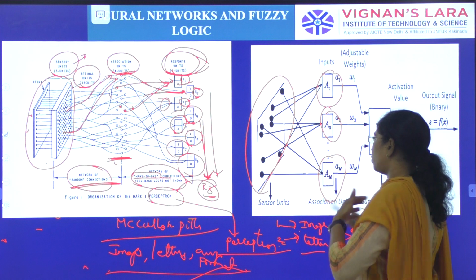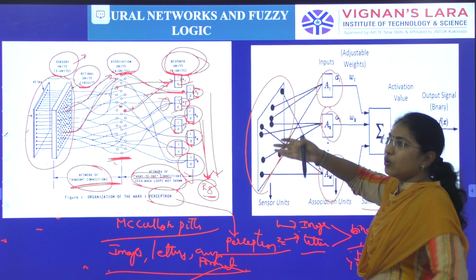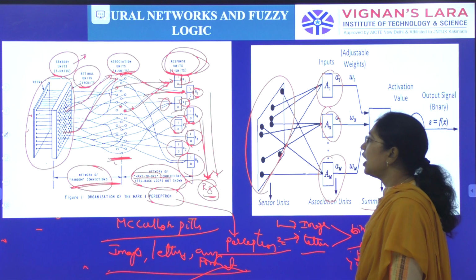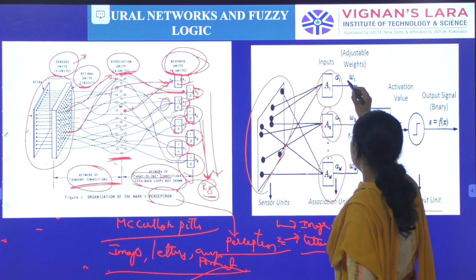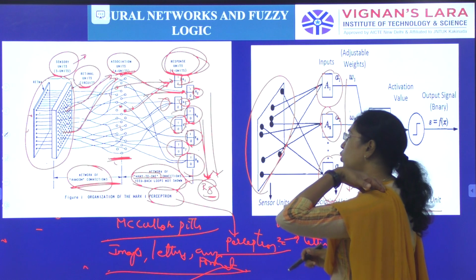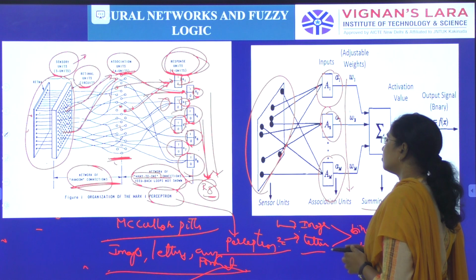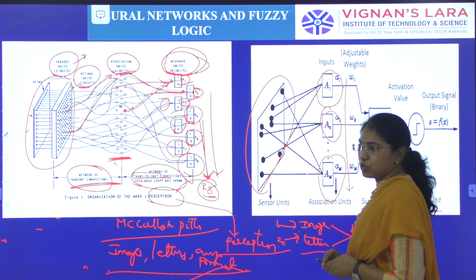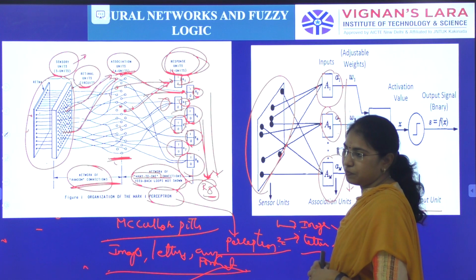Within the association units, you feed that to response units, where you obtain inputs of either 1 or 0 at the output of the response unit block. Here, let us consider we have obtained some m number of inputs from the response units.